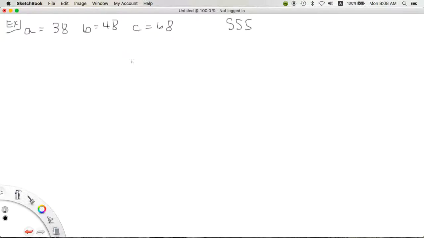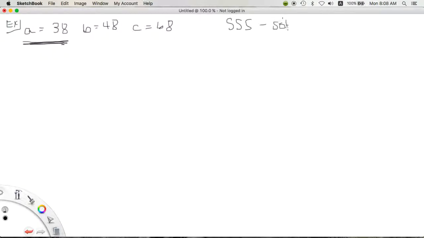It doesn't matter which sides we're given. We can rearrange this however we want, but we need to be careful because sometimes we have an obtuse angle in our triangle. If we have an obtuse angle in our triangle, remember your calculator is only going to give you the reference angle. So what you want to do is start by solving the angle across from the shortest side first, using the law of cosines. So this is our shortest side.